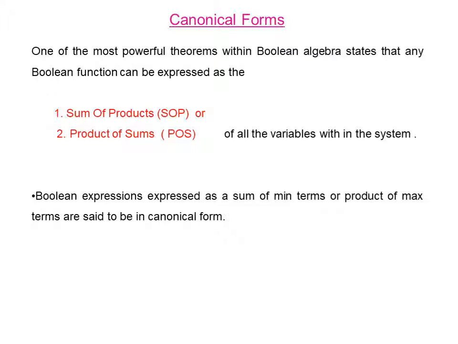The sum of product form can also be represented as sum of min terms. In the same way, the product of sum form can also be represented as product of max terms. These sum of product or product of sum form representations are called canonical forms of representation.